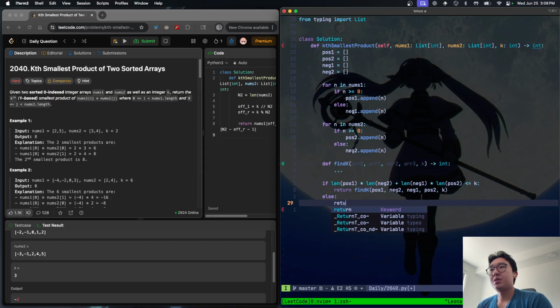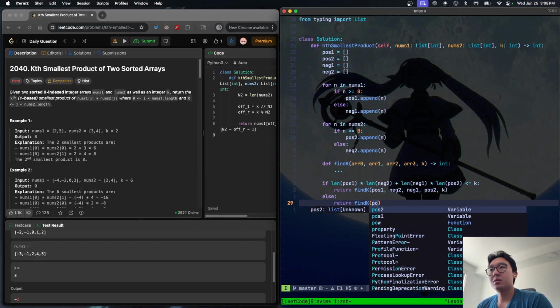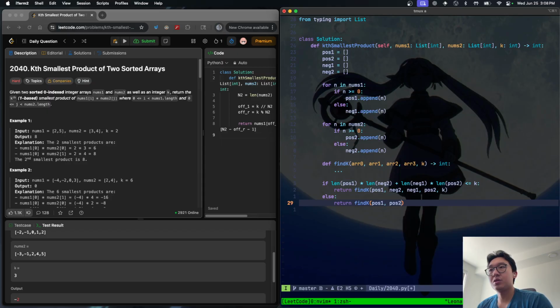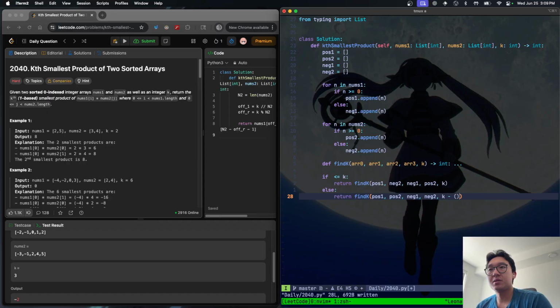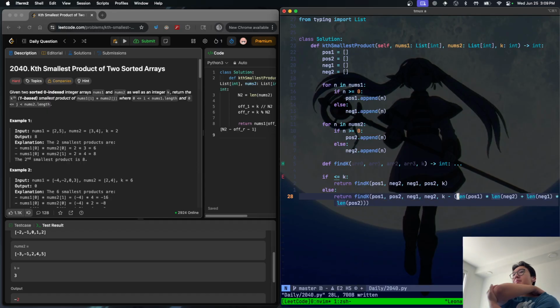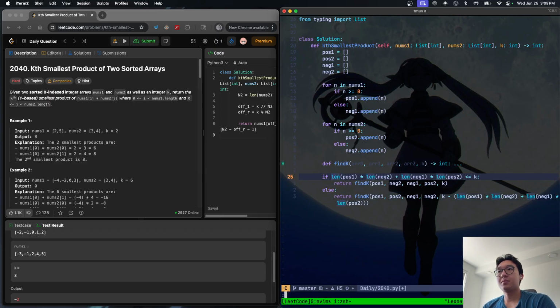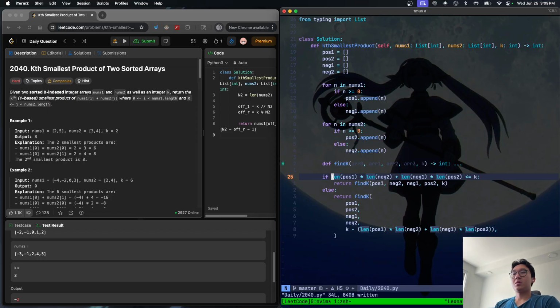Else, return find k, going to be pos1, pos2, neg1, neg2, and then, I mean, I should put this in a whole different thing, but it's going to be k minus this whole thing. Yeah.